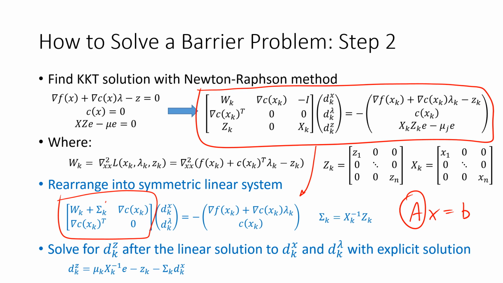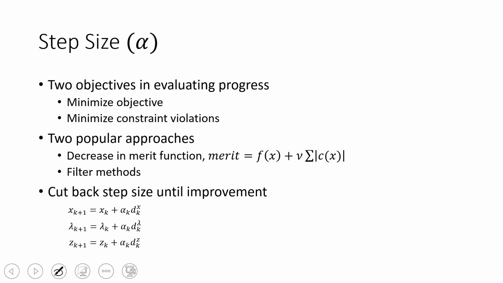So this is our A matrix right here, and that's our b, and that's our x. Just Ax equals b, a linear solver. Typically these are large scale and sparse solvers, like PARDISO, you have MUMPS, you have the Harwell Subroutine Library, and others that can solve these very efficiently.